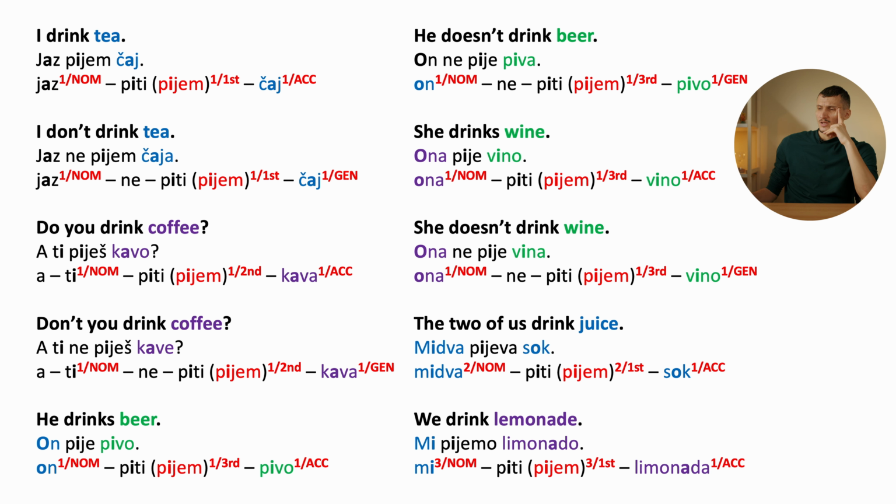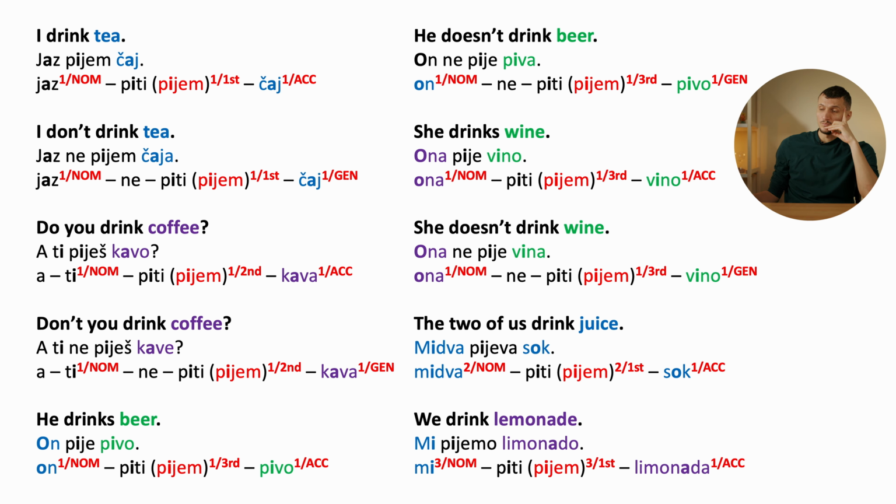Okay, so here we have tea, which is masculine, coffee, which is feminine, and beer and wine, which are neuter. And then we have the different cases of those. Again, it's not important why we're using the accusative versus the genitive. This is all just about reading the format. And this time we are dealing with the verb to drink, which is an irregular verb.